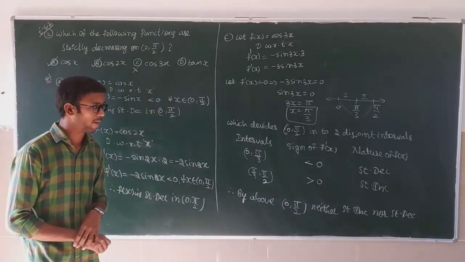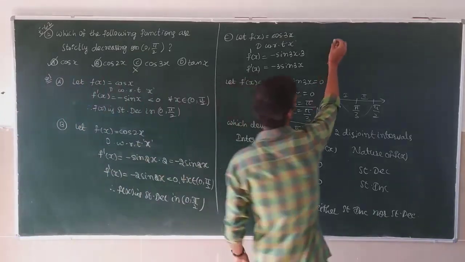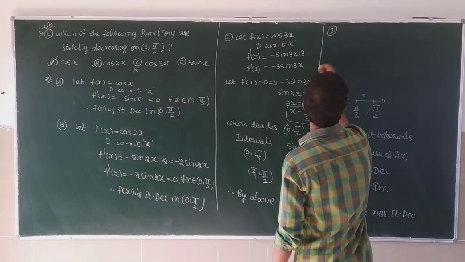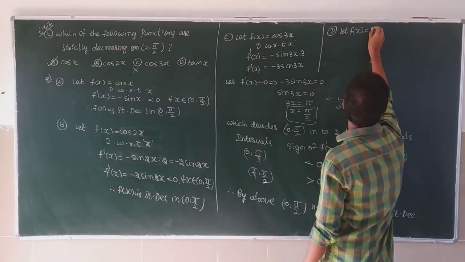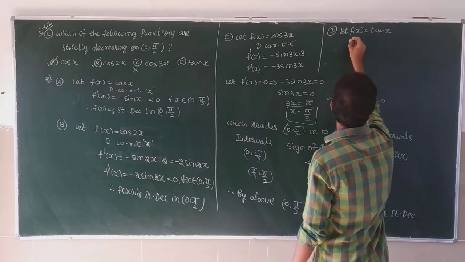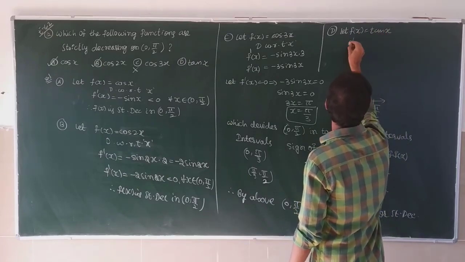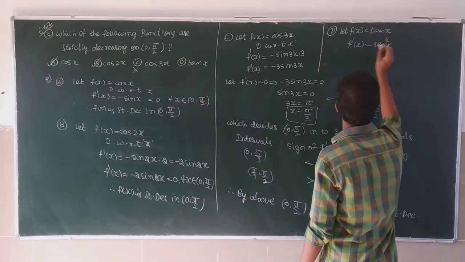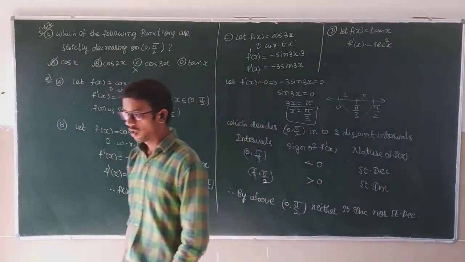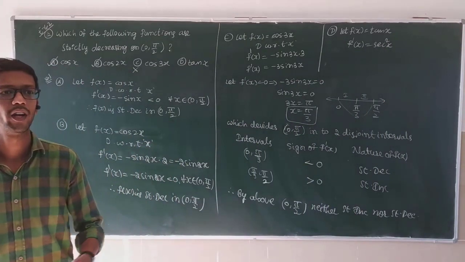Next, problem number D. Let f of x be equal to tan x. Differentiating with respect to x, f dash of x is equal to secant square x. Secant square x on 0 to pi by 2, will it be positive or negative?